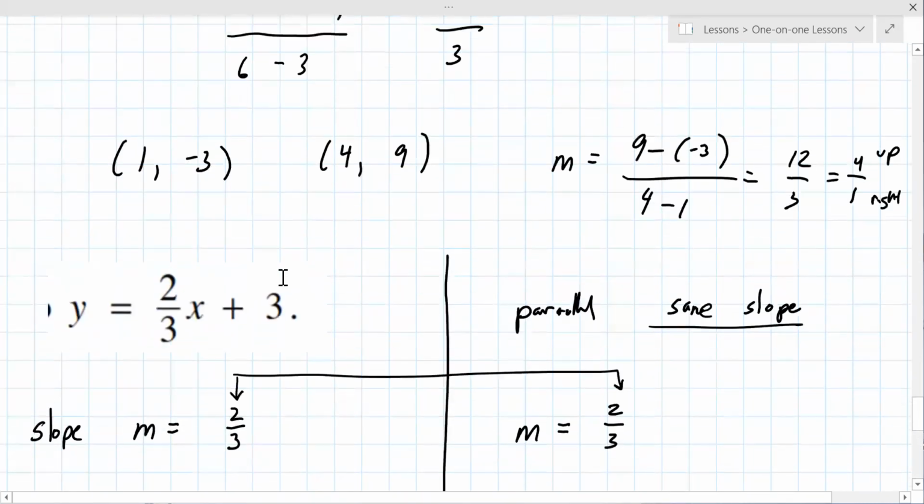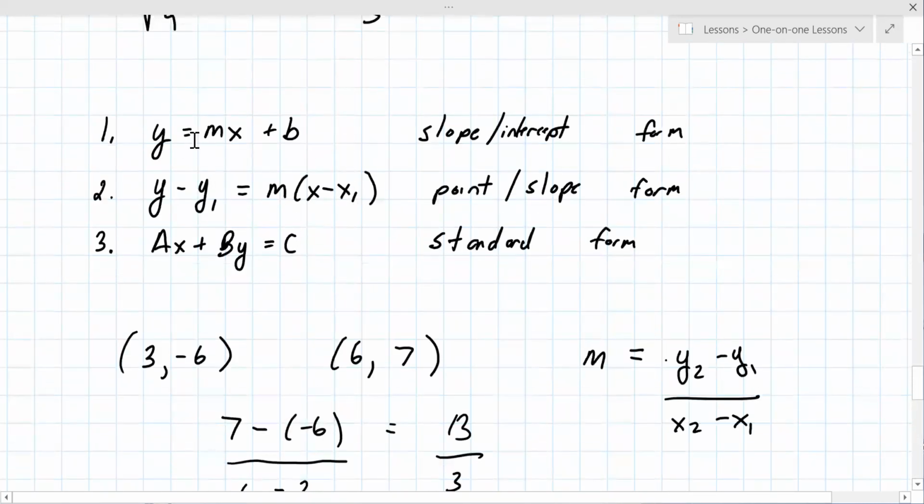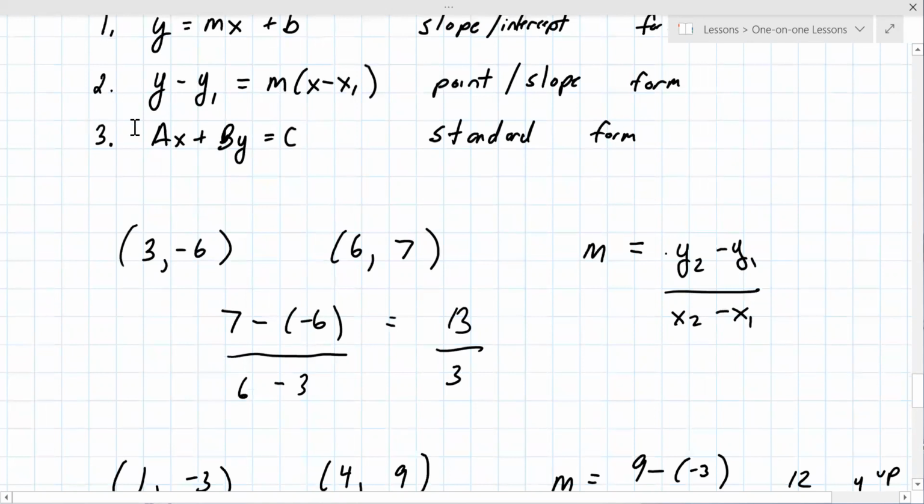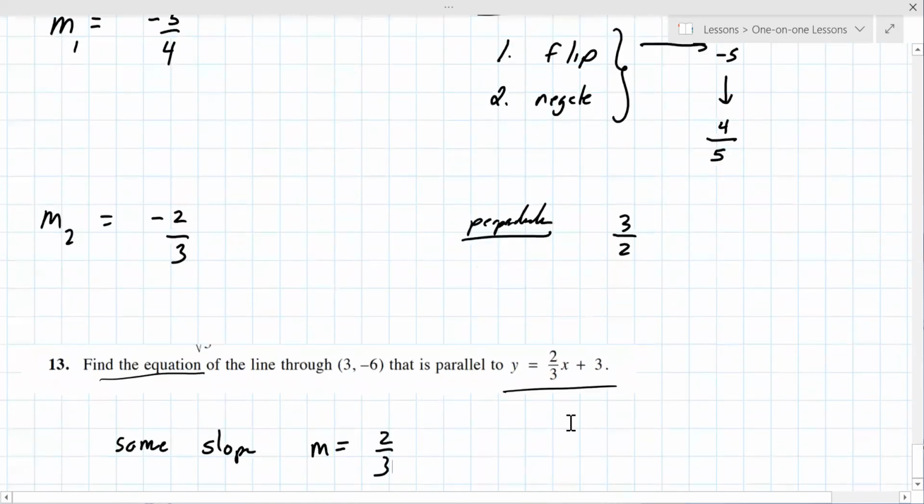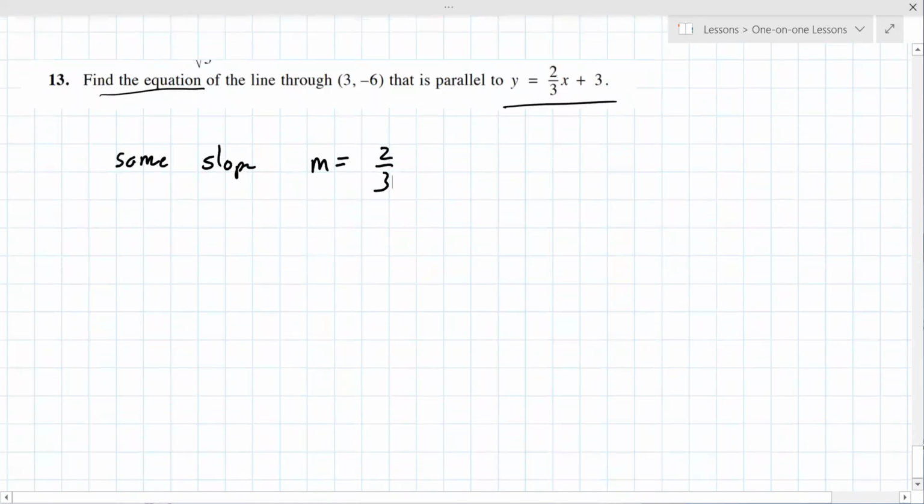And I'll scroll up here. What are the 3 forms of the equation of the line? Well, there's slope-intercept, point-slope, and standard form. So we're going to go through all 3. We're going to start with point-slope. The point-slope form is y minus y1 equals slope times x minus x1. You have your slope.